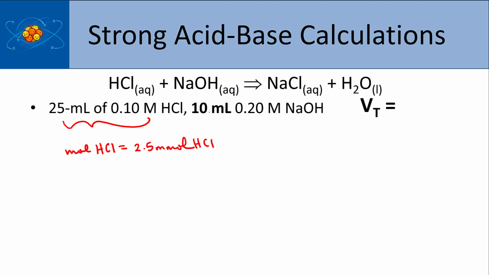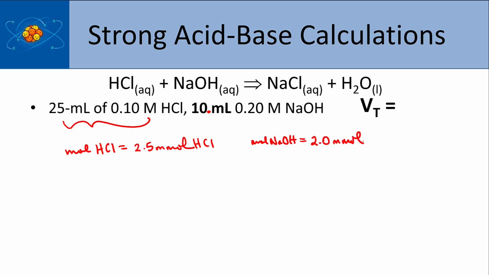The next part is, and this is supposed to be 2 sig figs here, we're going to do 10 mL of 0.2 molar sodium hydroxide. The other thing I said to calculate is the millimoles of base. Again, it's just 10 times 2, which is 2 sig figs already, so that's going to be 2.0 millimoles.